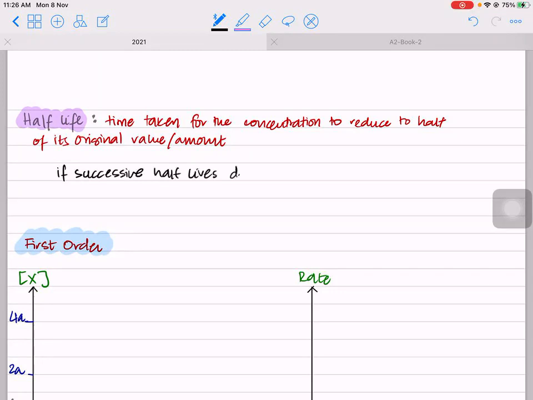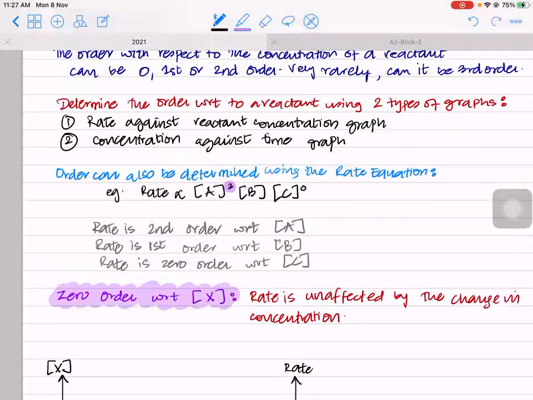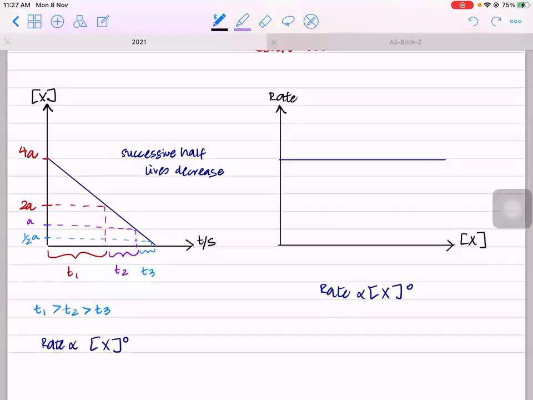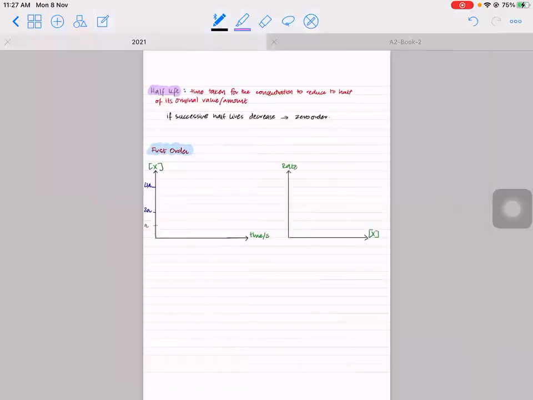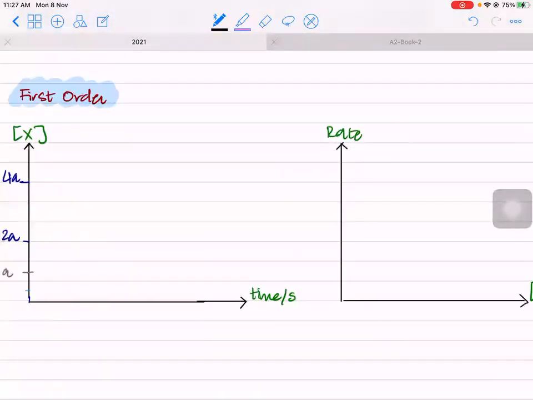So if successive half-lives decrease, that means the reactant is zero order. Clear? As you can see right here, T1 is greater than T2, which is greater than T3, or successive half-lives are decreasing, therefore it is zero order. Understood? Now let's see the graphs for first order.